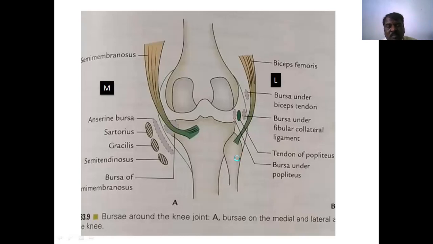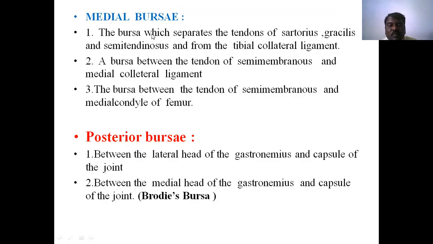Whereas on the medial side, we can identify only 3 bursas. That is where the sartorius, gracilis, semitendinosus muscles and the tibial collateral ligament have their insertion. There we can identify these bursas on the medial side. Another one is where the semimembranosus muscle and semitendinosus muscle have their insertion.